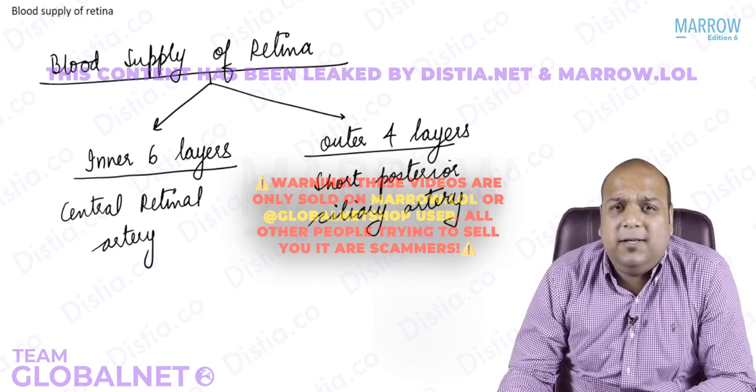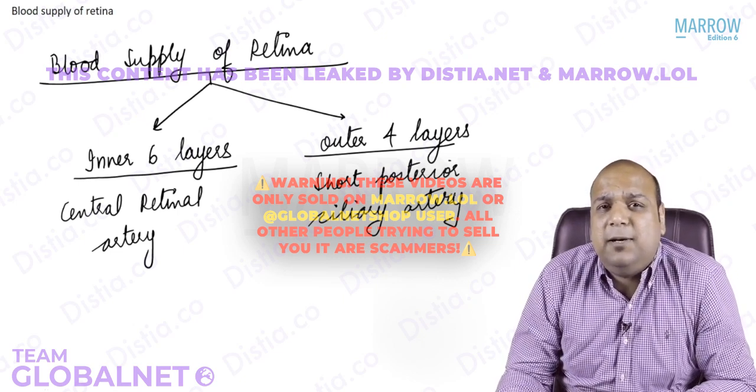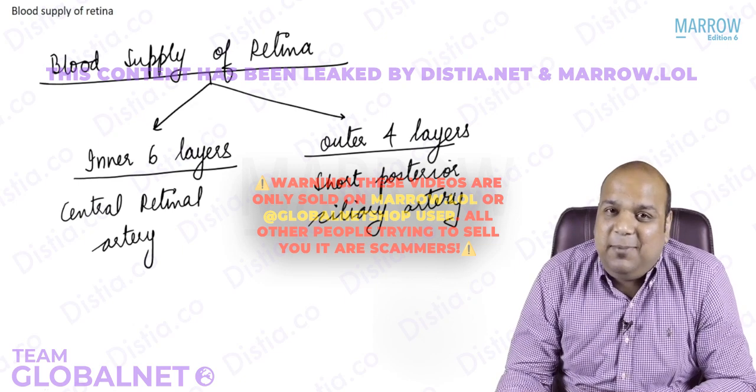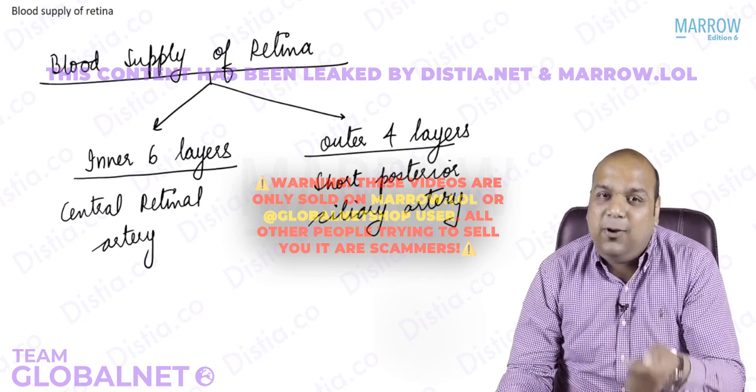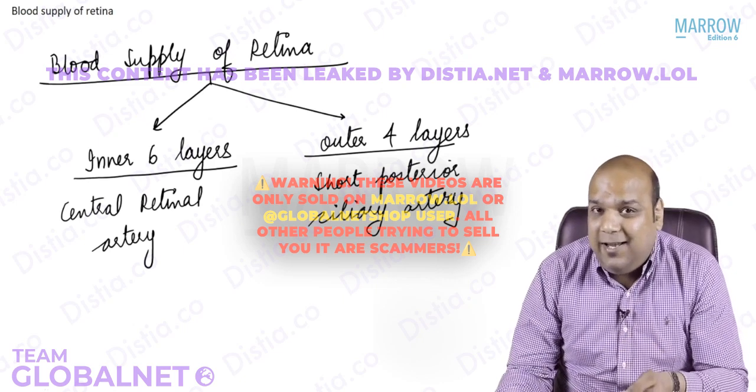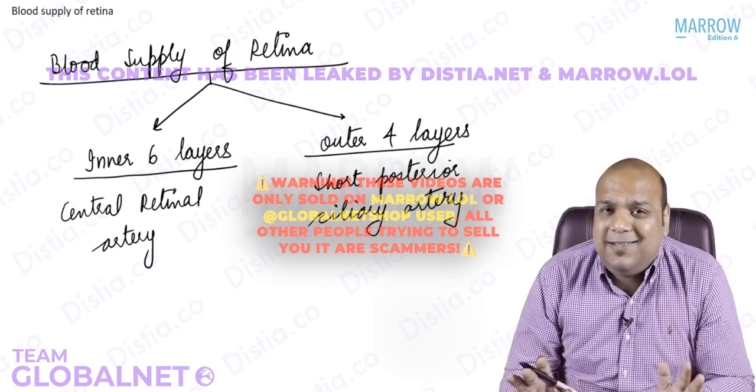I hope we do remember this from our basic anatomy, where we have discussed the blood supply of the whole eye in detail, everybody. Short posterior ciliary artery is also the supply to the choroid, everybody. Also the supply to the sclera, everybody, posterior part. I hope we remember this, everybody.